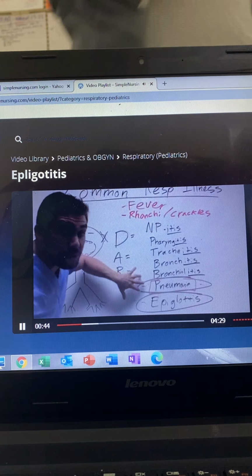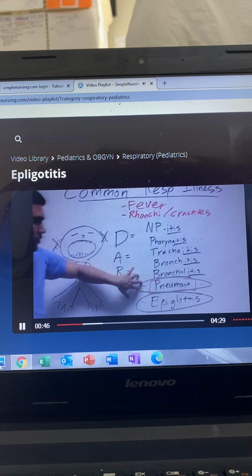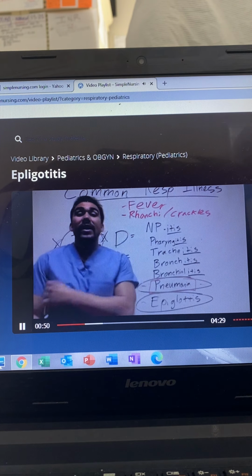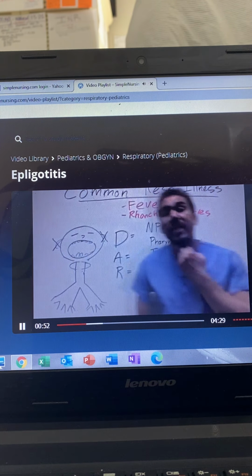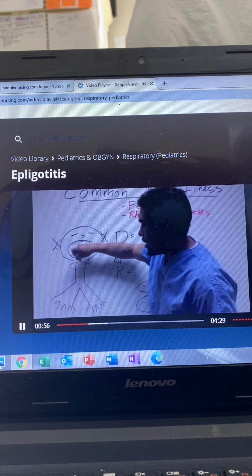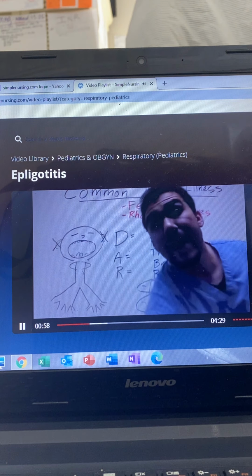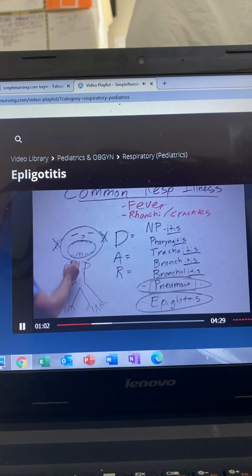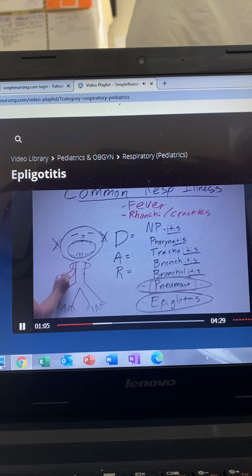Pneumonia is the one that we're most concerned about in the hospital, but epiglottitis is that inflammation of the epiglottis. Now, the epiglottis is the little flap between our respiratory tract and our GI tract. So if we draw a GI tract over here, I know this is not how it looks, but there we go.